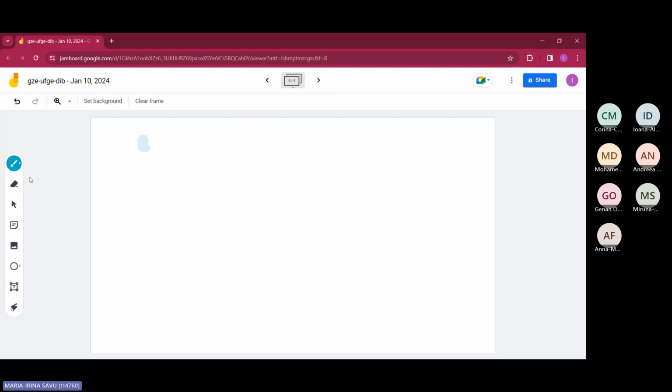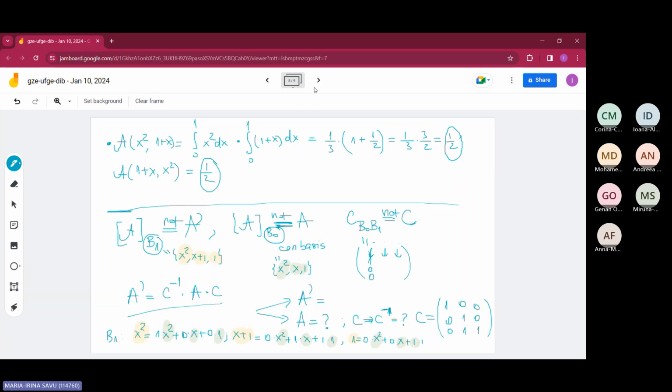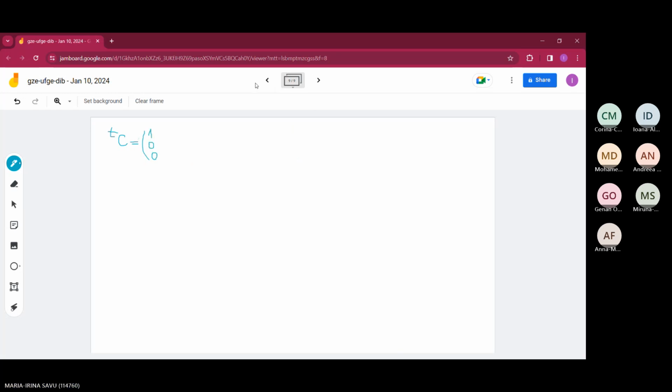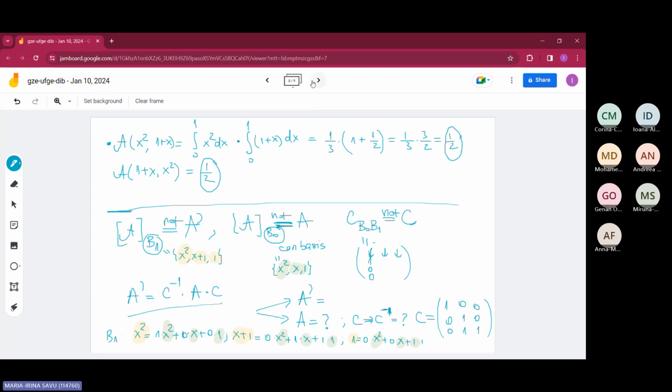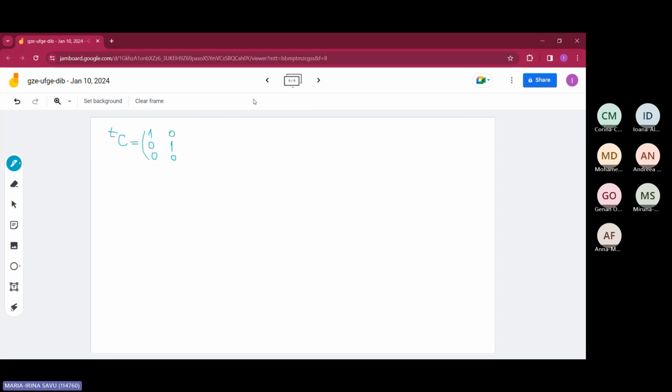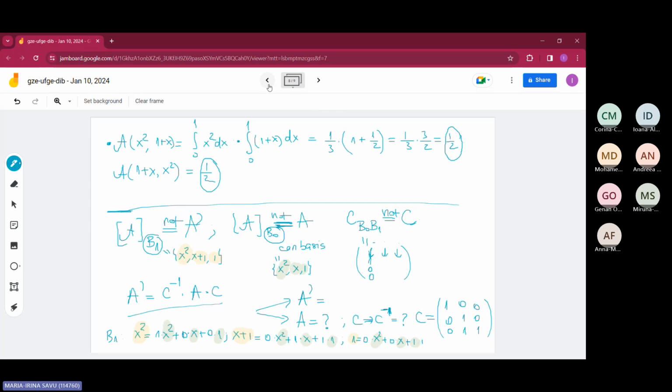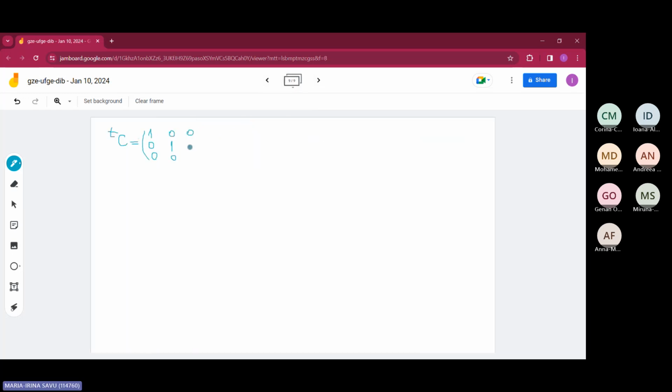Just take the transpose of C. C transpose is 0, 0, right? 0, 1, 0, and 0, 1, 1. And compute C transpose times C. Take a look at what you get from here.